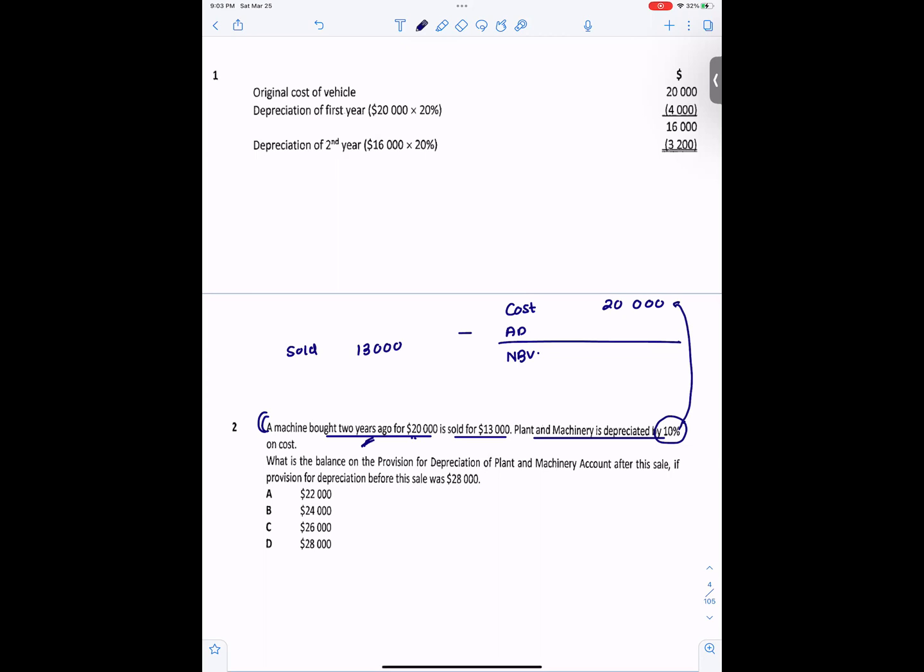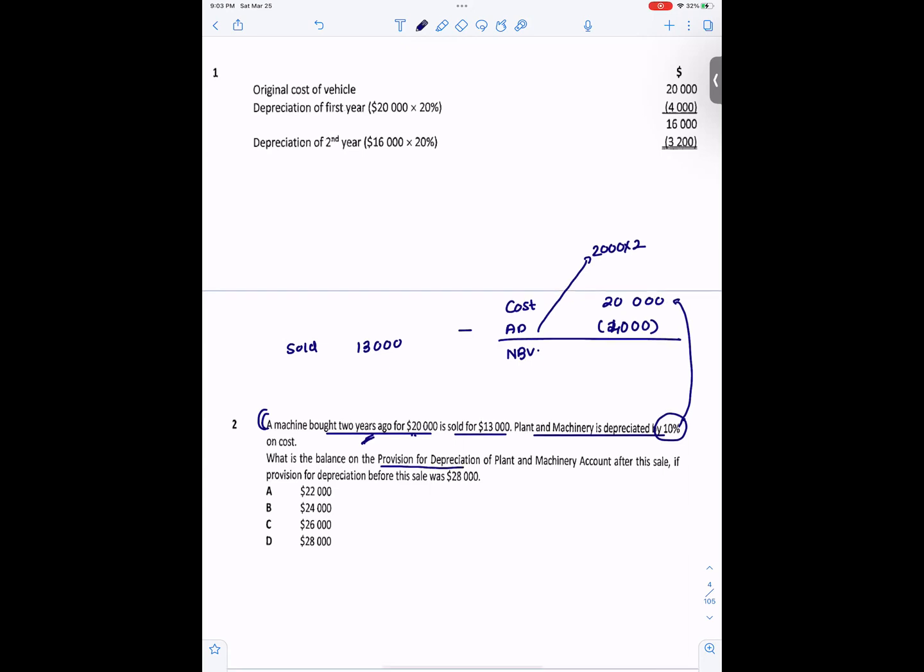Since it was purchased 2 years ago, it would be depreciation for 2 years. So accumulated depreciation is what? 4,000.